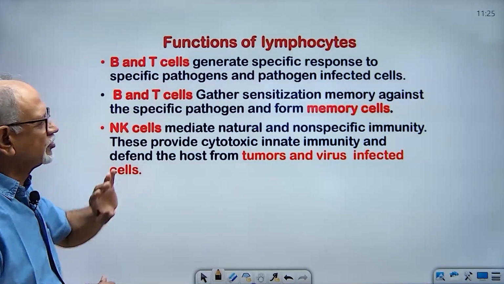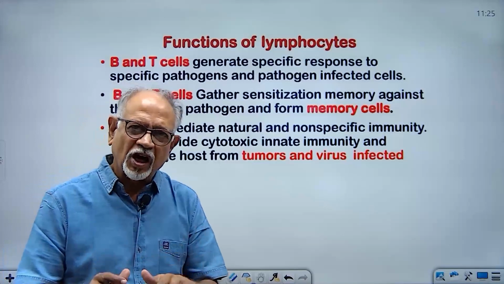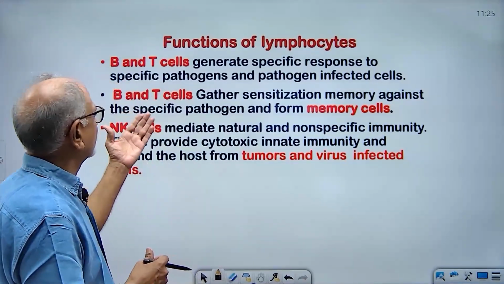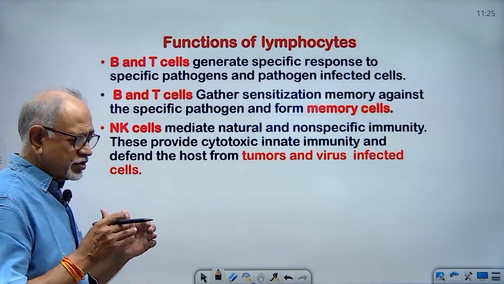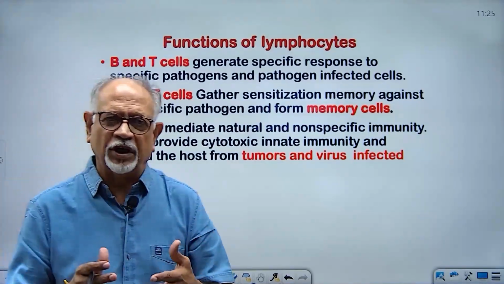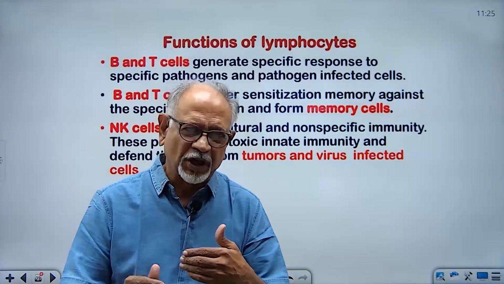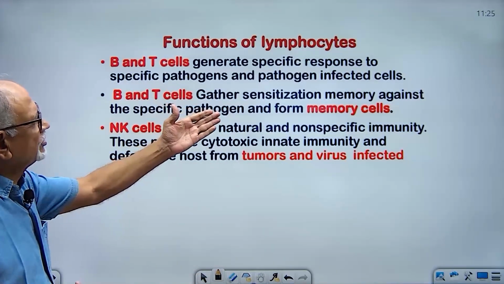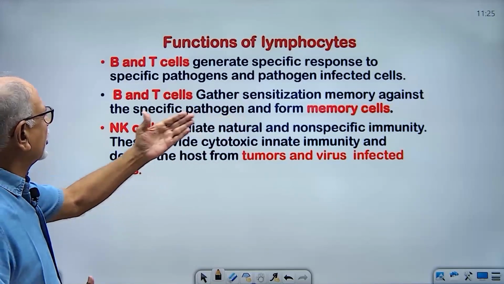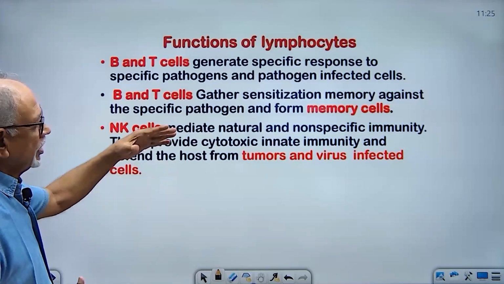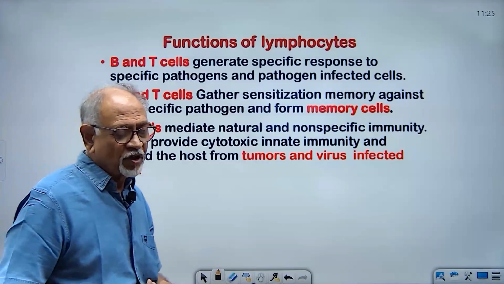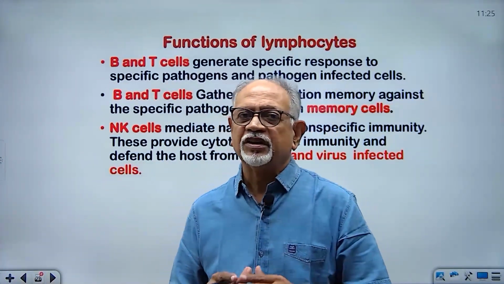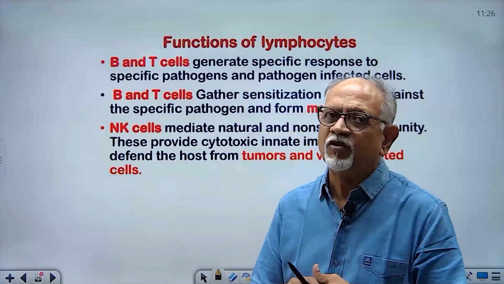T lymphocytes are those which are matured in thymus and B lymphocytes are those which are produced in bone marrow and released in the blood. Now, B and T cells gather sensitization memory against a specific pathogen and form memory cells. So, one type of lymphocyte, T lymphocyte, they are called memory T lymphocytes.